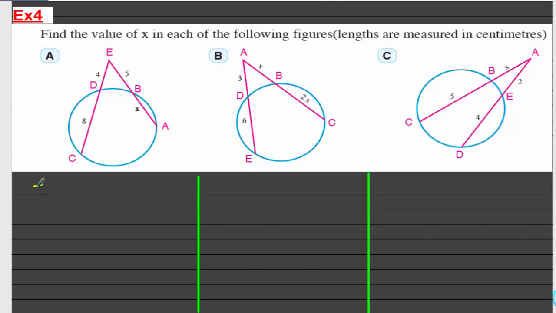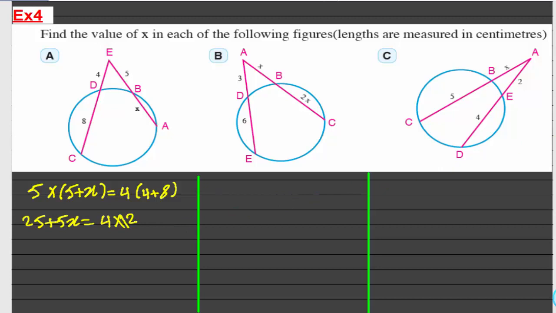So 5 multiply 5 plus x equals 4 multiply 4 plus 8. So 25 plus 5x equals 4 multiply 12, as 4 plus 8 is 12.